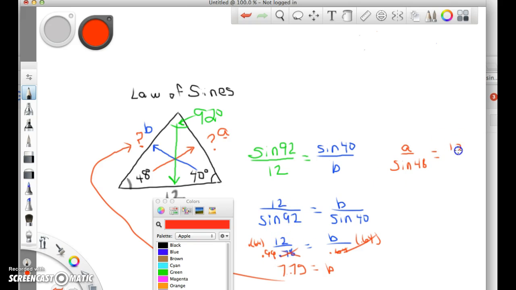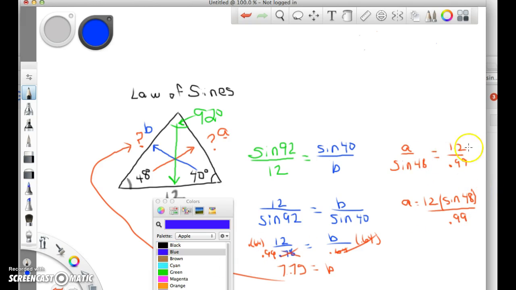So A will equal 12 times the sine of 48 degrees divided by 0.99.